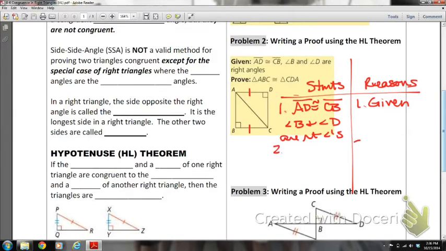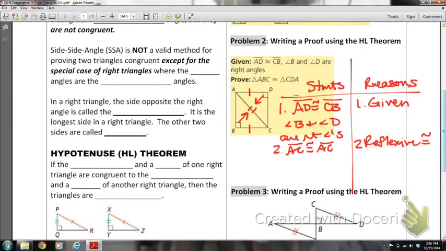So let's see what else we can conclude from the diagram. In the diagram, we have a shared side between those 2 triangles. That's side AC. So we know that AC is congruent to AC because of the reflexive property of congruence. And we can also see from the diagram that that is the side that's opposite the right angle in both of those triangles.